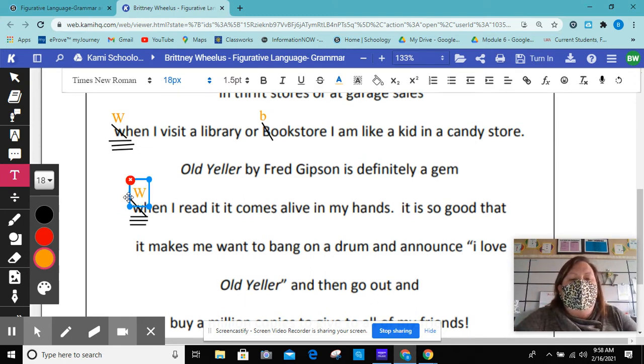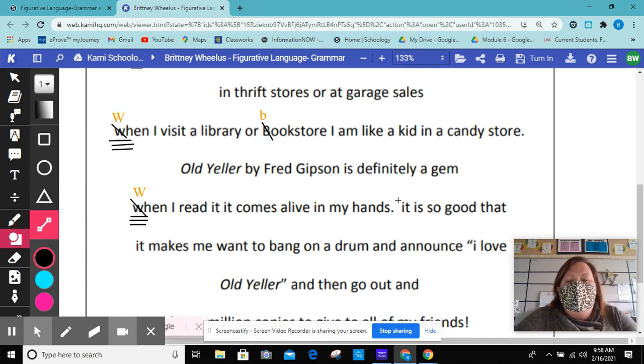All right, when I read it, it comes alive in my hands. Oh, now I see what you're saying, Grant. Okay, so yes, we do need to capitalize the I in it. 1, 2, 3.